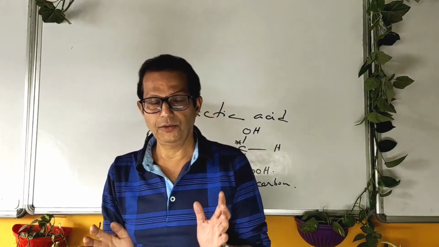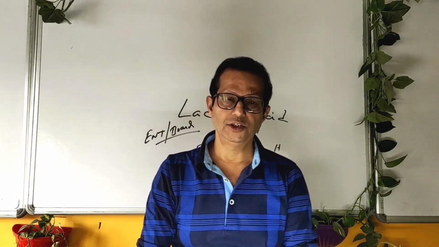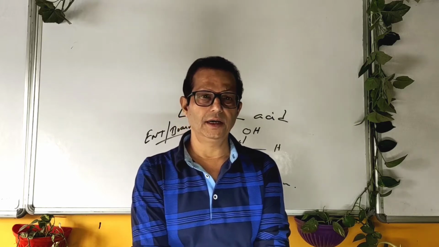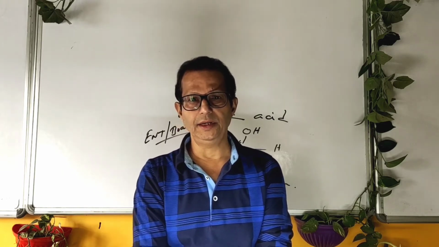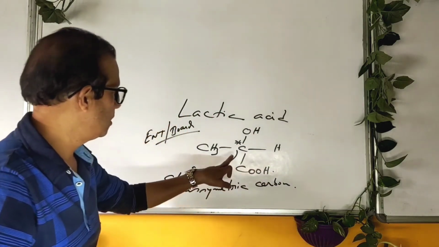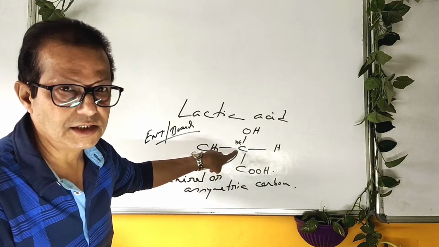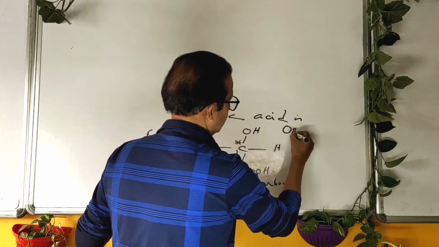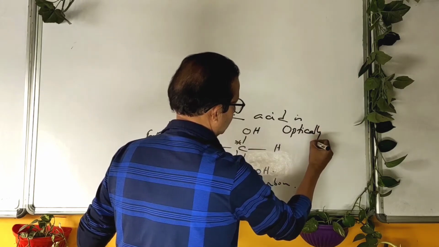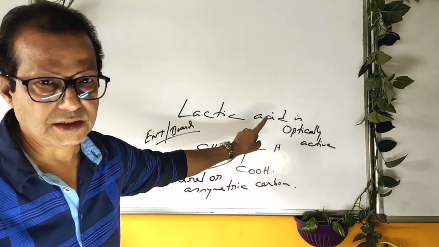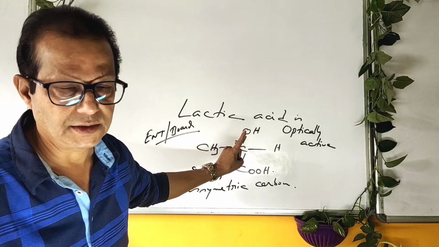Later on, whenever I discuss isomerism, that is stereoisomerism, in my entrance classes, I will clear optical activity, optical isomerism, etc. Okay. So lactic acid is optically active, because it rotates the plane polarized light.